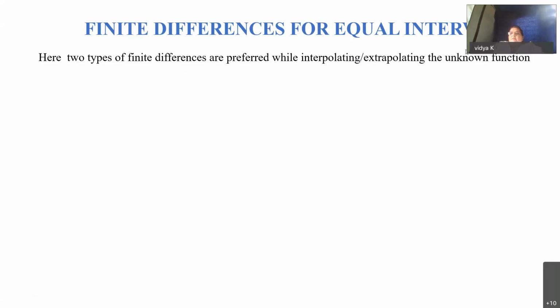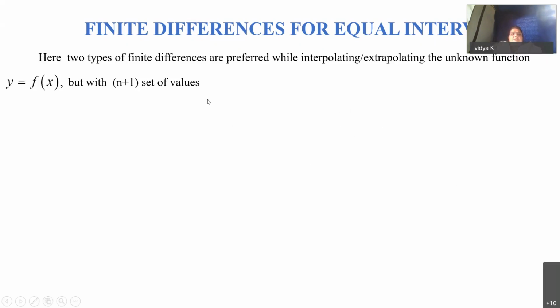While interpolating or extrapolating, we will come to know later what interpolation and extrapolation are. So it is our motto in this section: interpolating and extrapolating the unknown function. We are considering two types of finite differences for equal intervals.